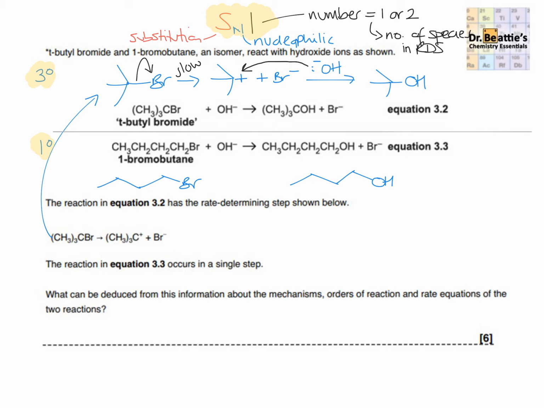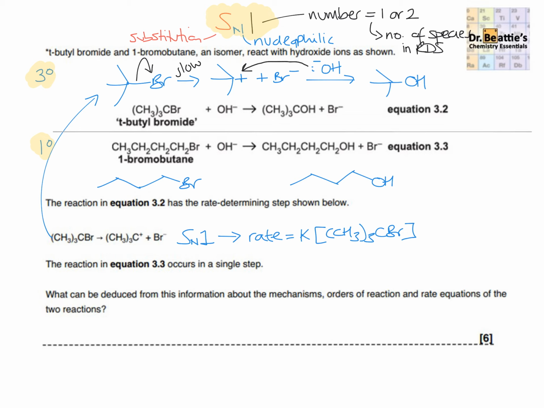Now this one would be called an SN1 mechanism because we only have one species in the slow step. As there's only one of these haloalkanes in the slow step, we know that the rate equation will look like this, and it's first order with respect to this haloalkane, and it's zero order with respect to the hydroxide.